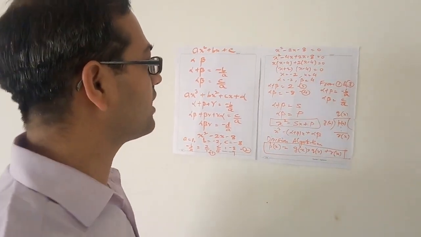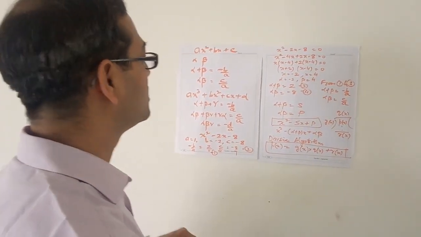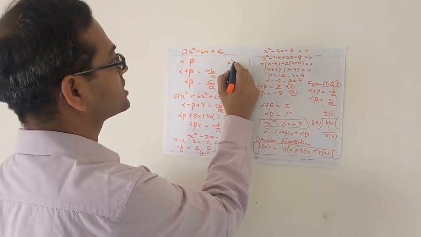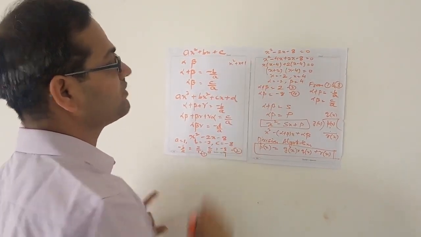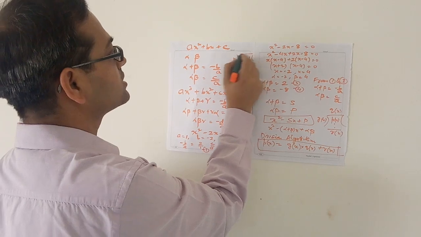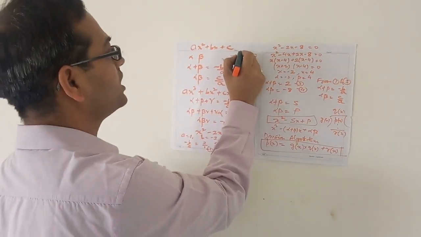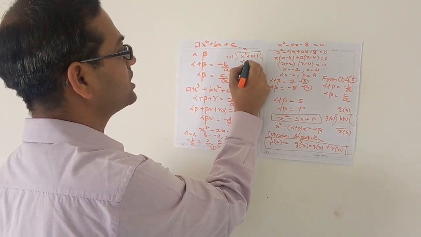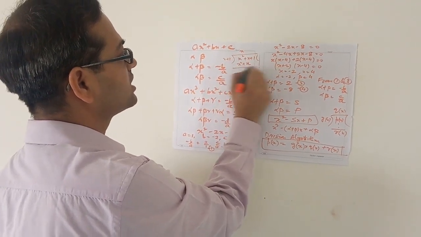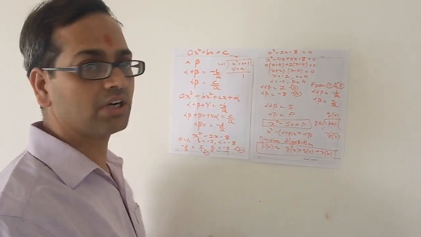So suppose you are having a polynomial x square plus x plus 1, and you are dividing it by, say, x plus 1, then you multiply it by x, you will be getting x square plus x, then the remainder over here is 1.